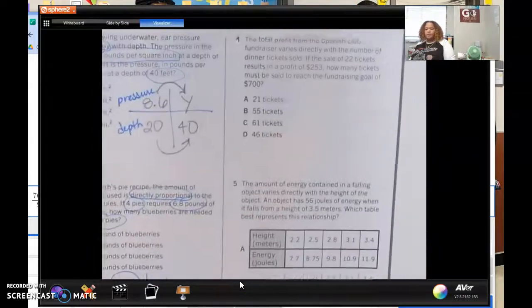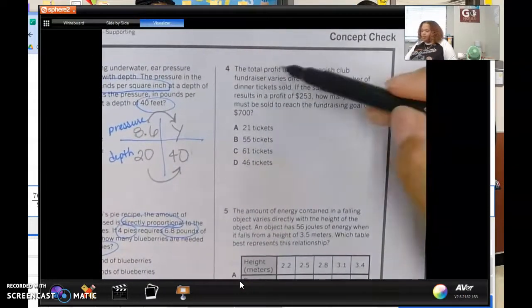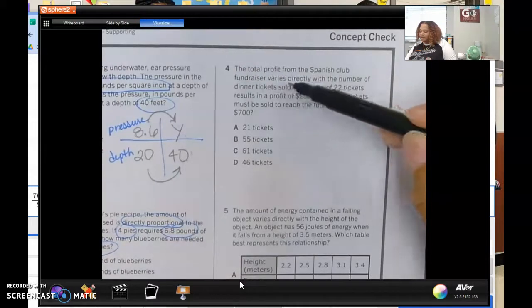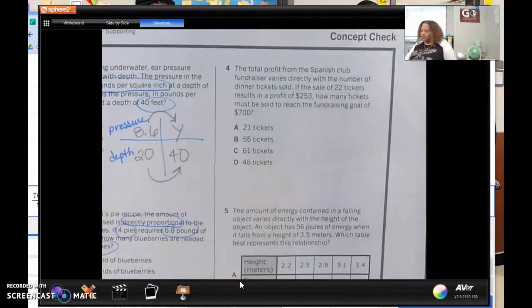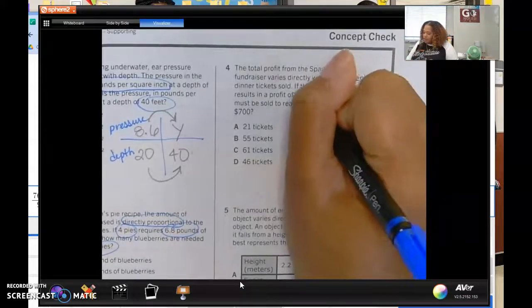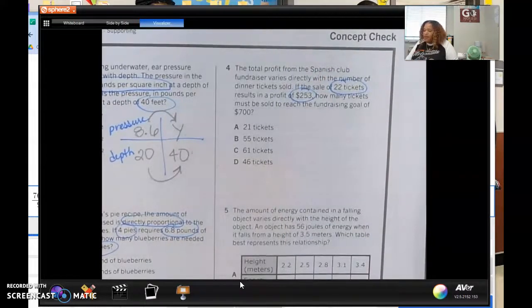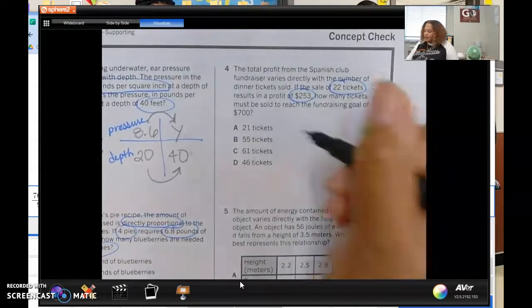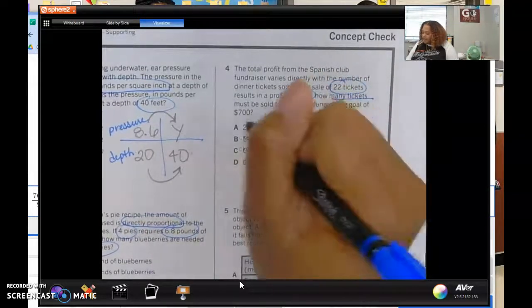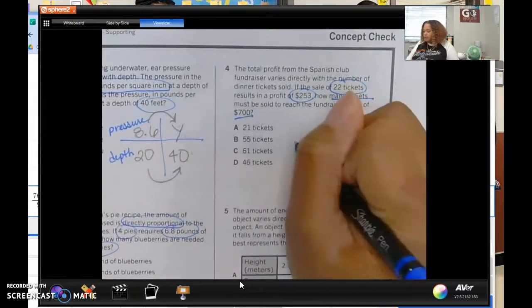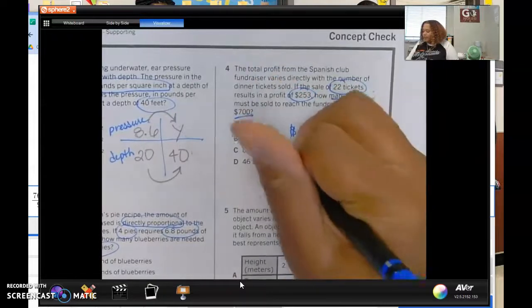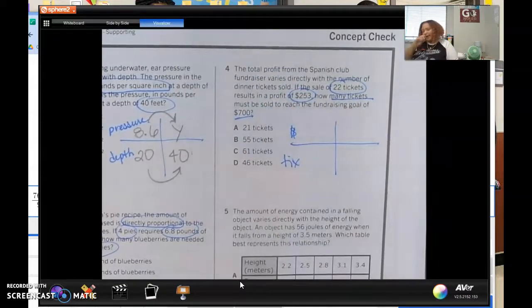All right, number 4. The total profit from the Spanish Club fundraiser varies directly with the number of dinner tickets sold. If the sale of 22 tickets results in $253 of profit, how many tickets must be sold to reach the fundraising goal of $700? Money over everything. Always put my dollars on top and my tickets on bottom in this case.